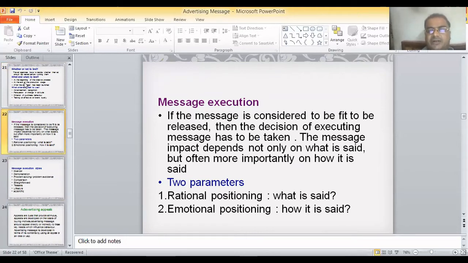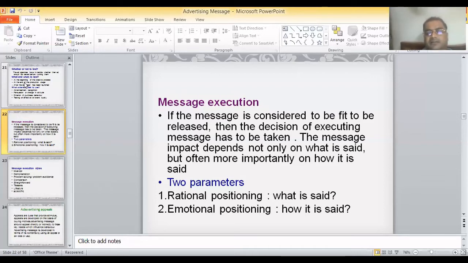Message execution is basically considered when the decision of executing the message has to be taken, that is, when the message has to be released, because the timing of the advertisement is very important to make an impact on the audience.